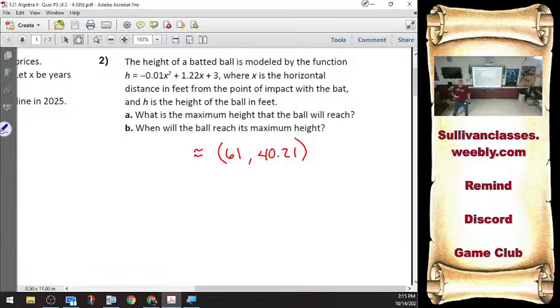Okay. I have a coordinate. I have to answer the questions. What is the maximum height? Okay. Am I allowed to then take that 0.21, turn it into inches? Yes. Okay. If you want to do feet and inches, go for it.